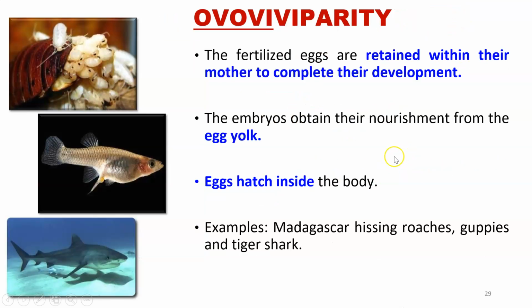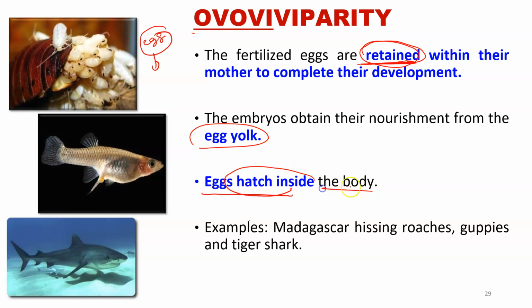Ovoviviparity still produces eggs, but the egg is retained within the mother's body. The fertilized eggs are retained, which you highlighted, within the mother's body to complete their development. The embryo obtains its nourishment again from the egg yolk, because the embryo is within the egg. The egg will hatch inside the mother's body.